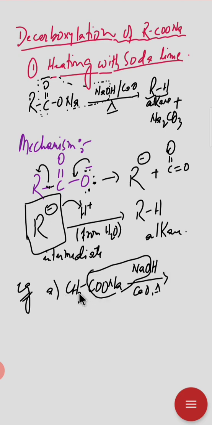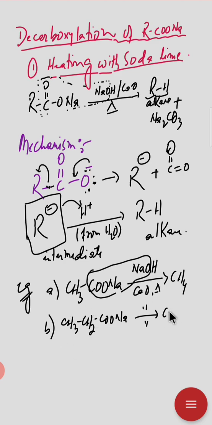And hydrogen is attached here, so we get methane. I'm not writing the byproduct here. So the carbanion or the intermediate in this reaction will be CH3 minus ion. So if I give another example, this will be sodium propanoate, and if it is heated with this mixture, then ethane will be formed.